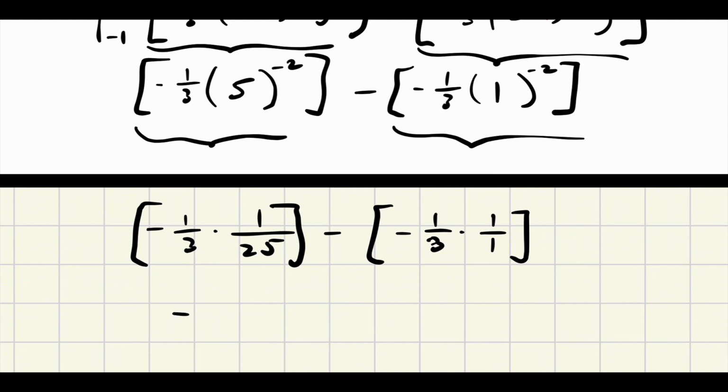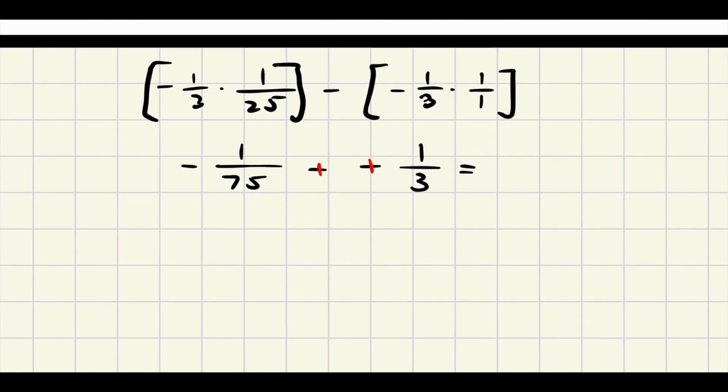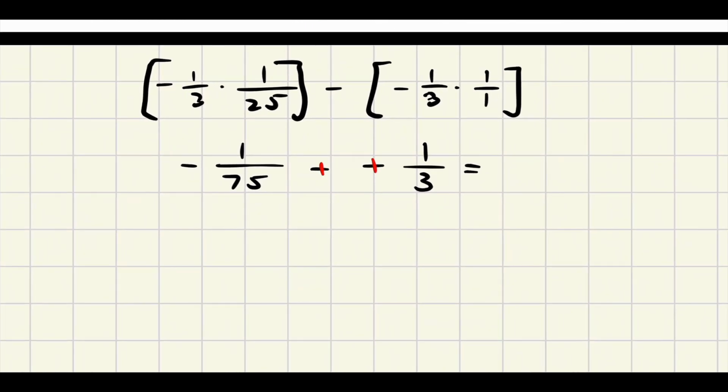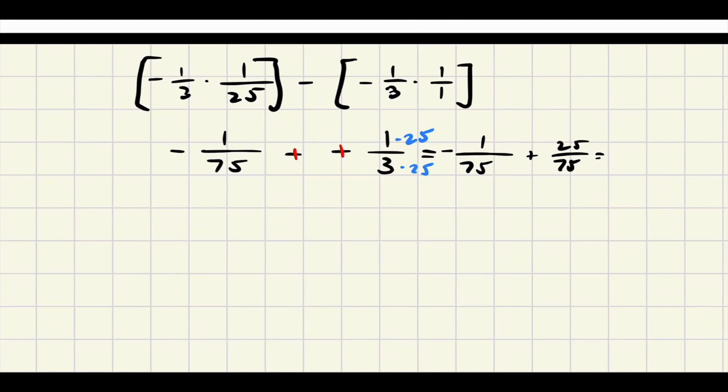So you get negative 1 over 75 minus negative 1/3. Common denominator is going to be 75. So you have negative 1 over 75 plus 25 over 75, which is positive 24 over 75. Done.